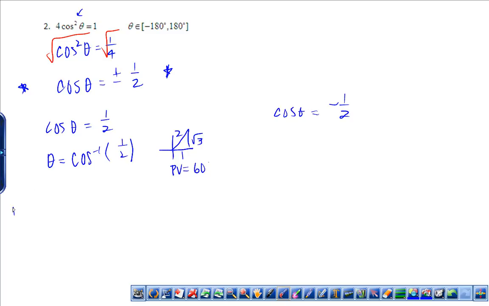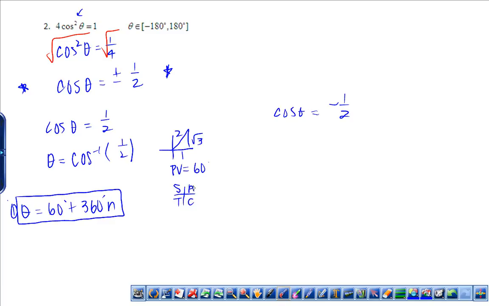And so my first equation is going to be theta is equal to 60 degrees plus 360 degrees n. And thank goodness there's nothing else here. That is my general solution, which is super easy. Okay, so where else is cosine positive? If this is all students take calculus, looks like my other triangle is going to be down here.